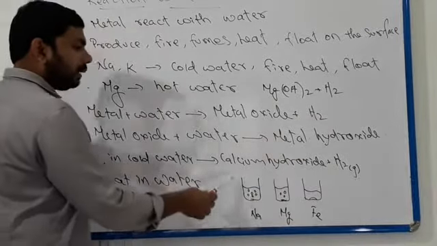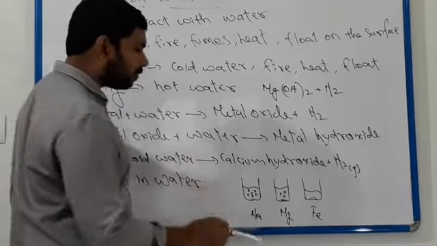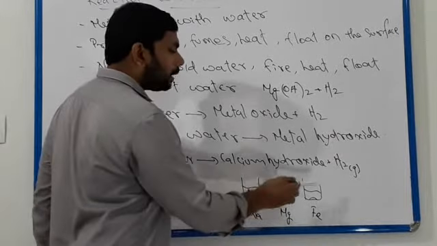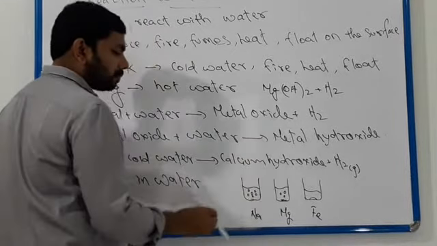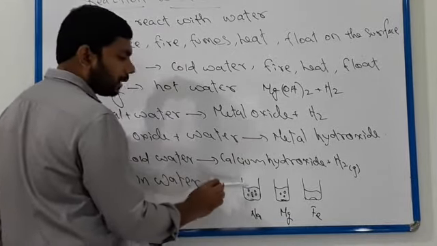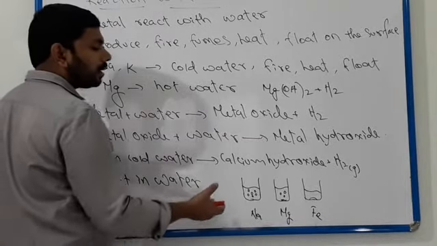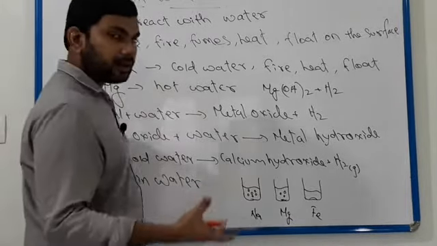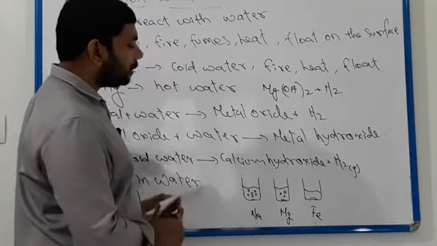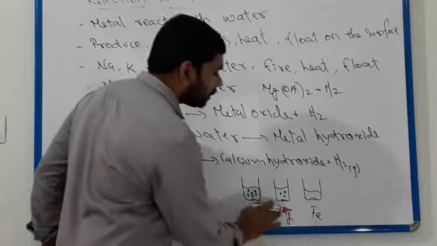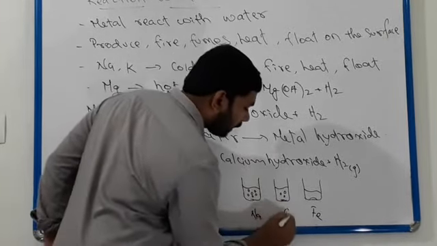You added an equal amount of sodium, magnesium and iron into each beaker. In the first beaker there is sodium and water, and you can see many bubbles formed. Also, you can see there is fire. In the case of magnesium, we know there is no reaction with cold water. We can choose calcium here.